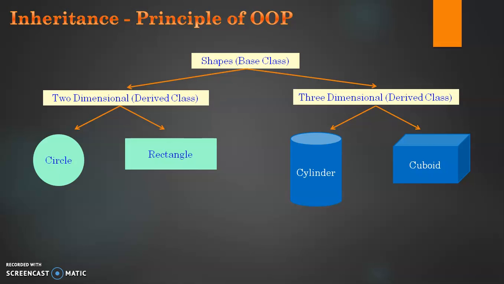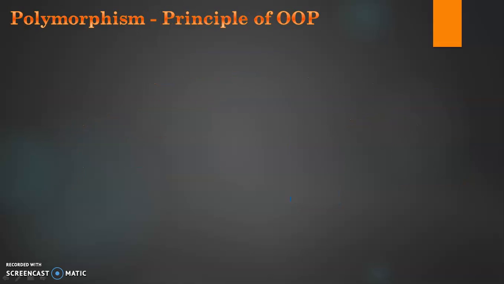Now the last key principle of object-oriented programming is polymorphism. Now what is polymorphism? Poly means multiple, morphism means form, so multiple forms. First let's make it clear with the help of a real world example. Consider the term cell. This term has different meanings in different contexts.